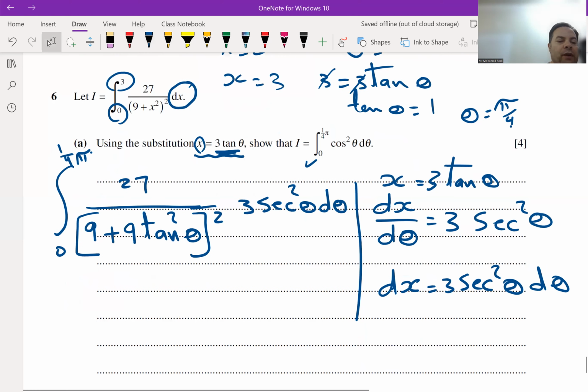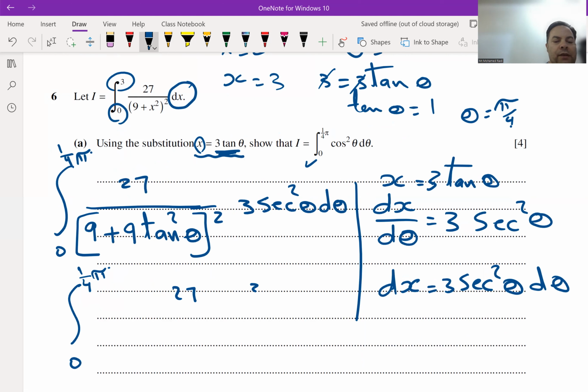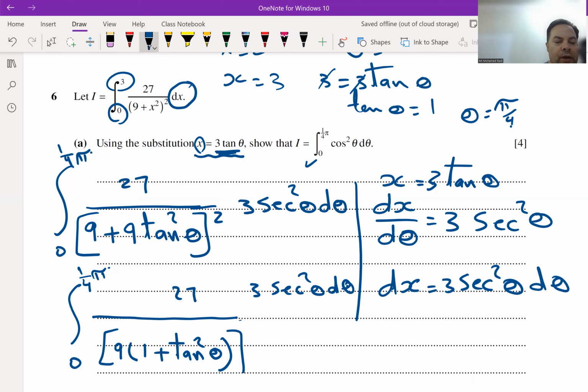We'll simplify: integrate from 0 to pi over 4. Take 27 times 3 sec squared theta d theta, and look now at the denominator. By taking the 9 outside as a common factor, you will get 9 times (1 plus tan squared theta), all to the power of 2.